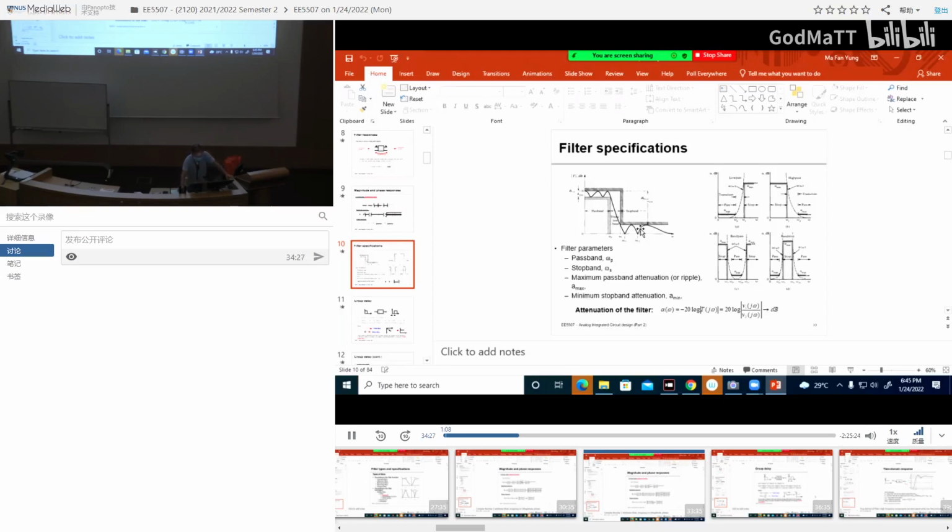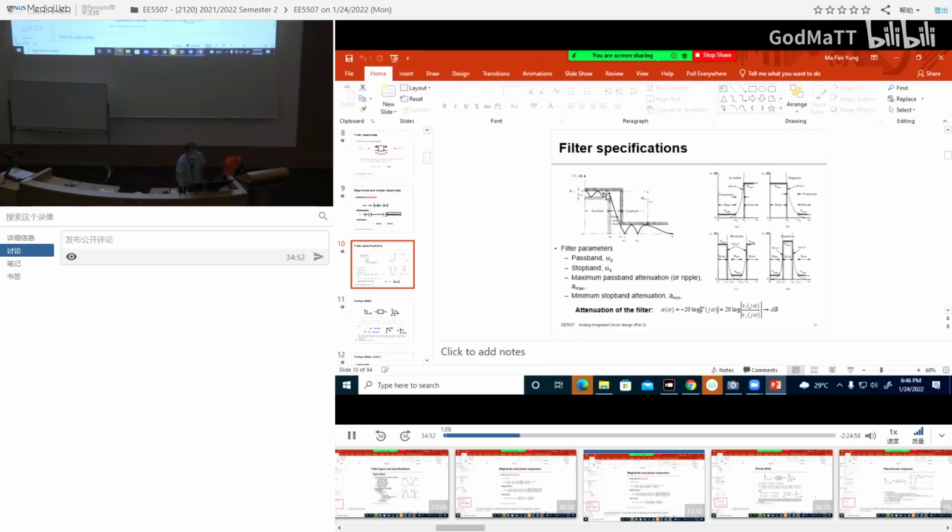This was for low pass, and you can map it to a high pass, a band pass, or a band stop filter. All similar. And then of course the question you ask is, how steep is this filter? That means the transition from pass band to stop band.